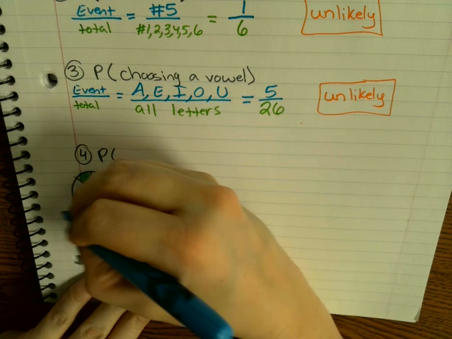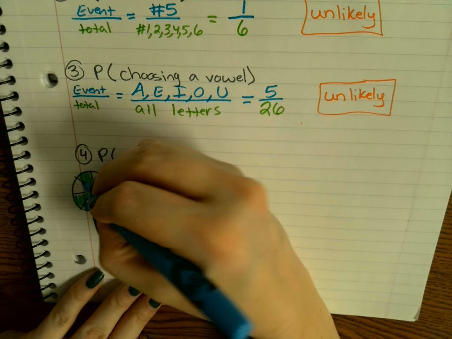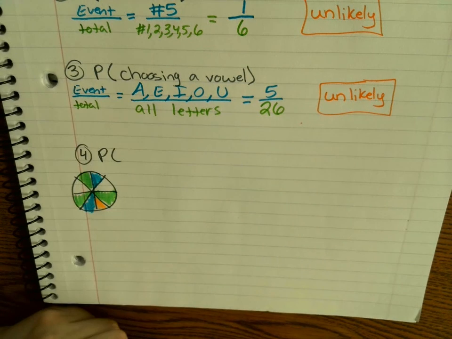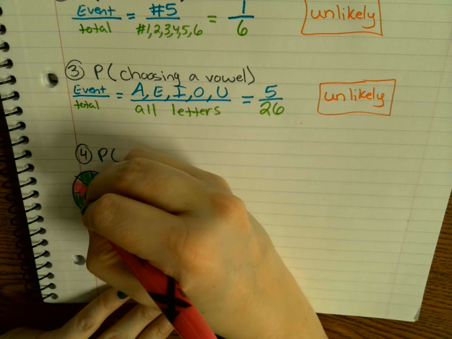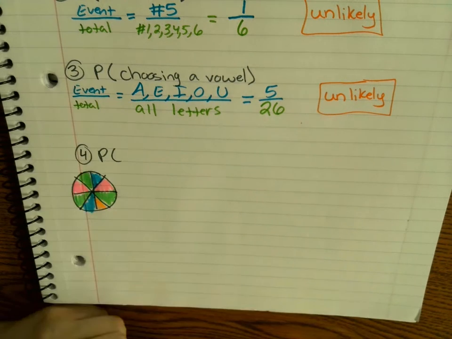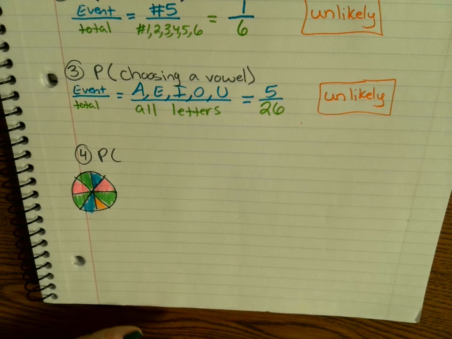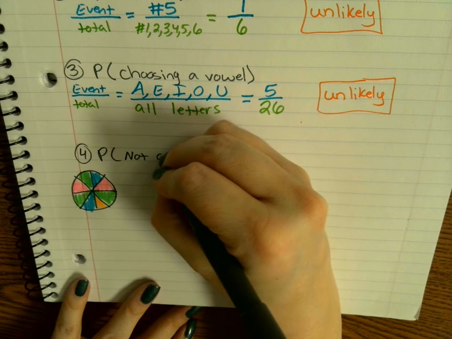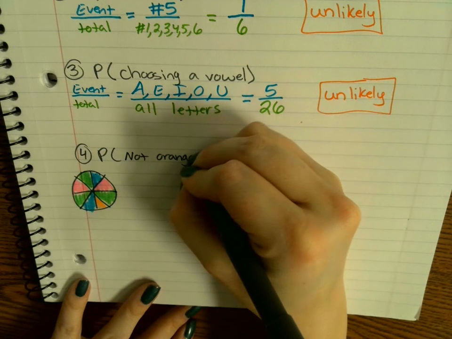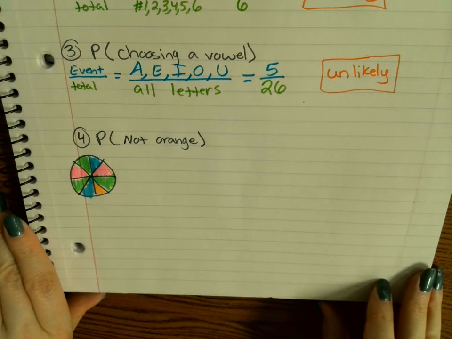We've got blue, blue, and then I'll have a pink. Okay, so here's my lovely little spinner here. I want the probability that it's not orange. I want the probability that I'm going to spin the spinner and it's not going to land on an orange.